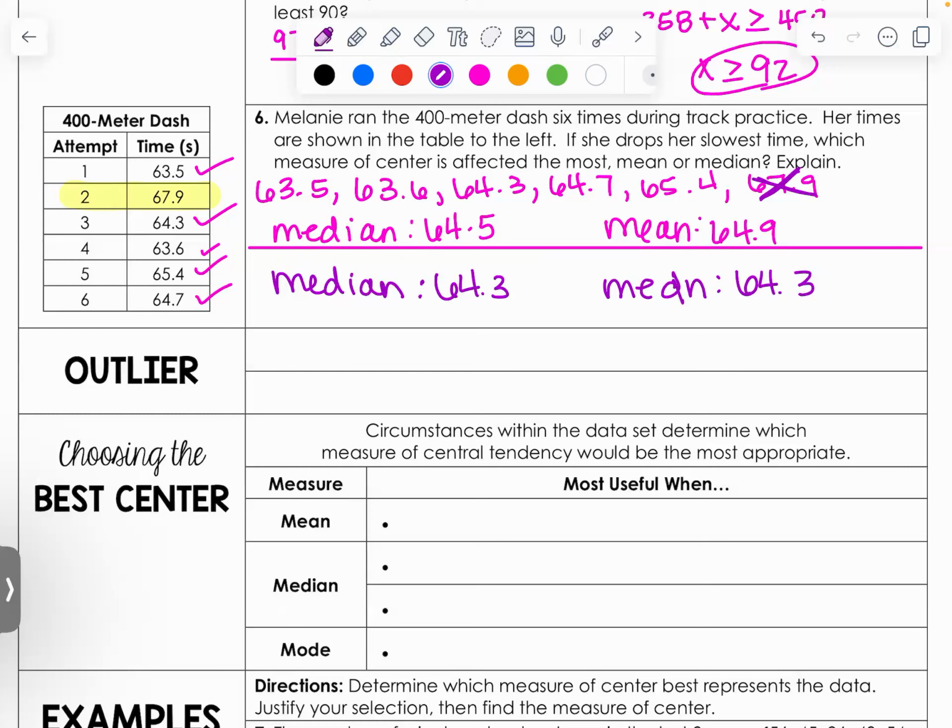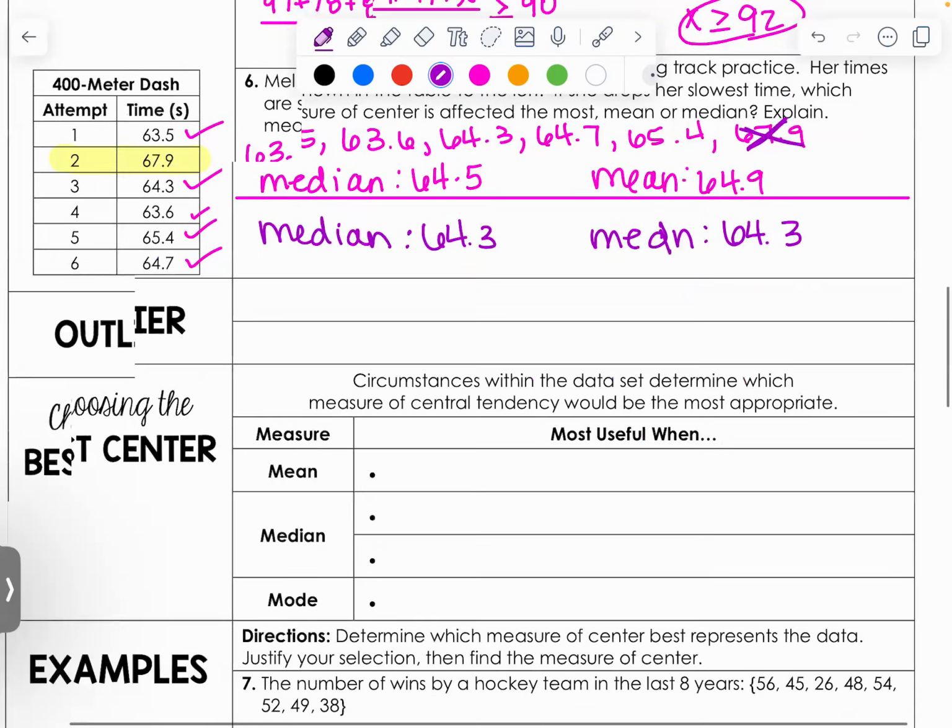Which one gets affected more? The median gets affected by 6 tenths. The mean gets affected by, excuse me, 2 tenths. A little bit of a difference. All right.